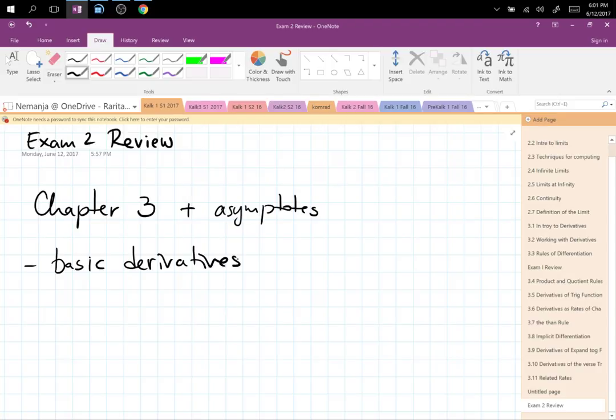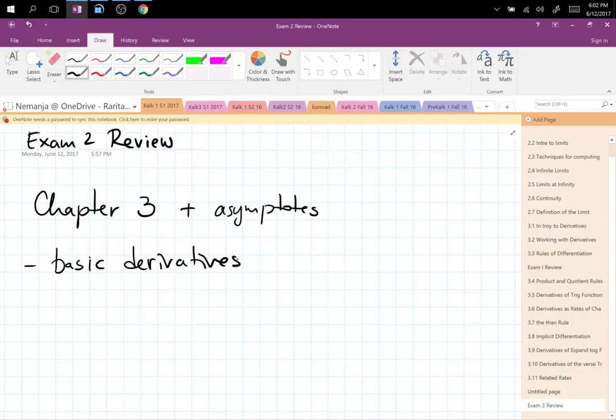All of those basic shortcut formulas that you have to memorize are on this list. Now they are spread throughout a few different sections, because there is a section on exponential and logarithmic derivatives, a section on trig derivatives, and a section on polynomial and other basic stuff. So I believe 3 or 4 sections are actually under this.